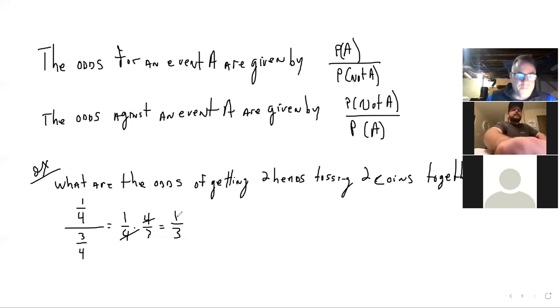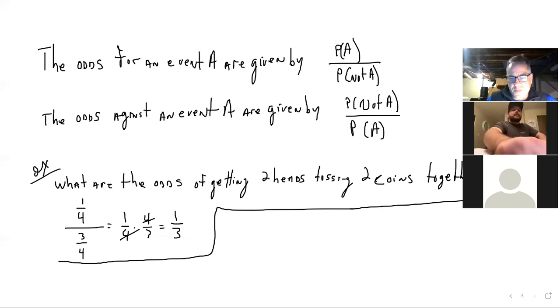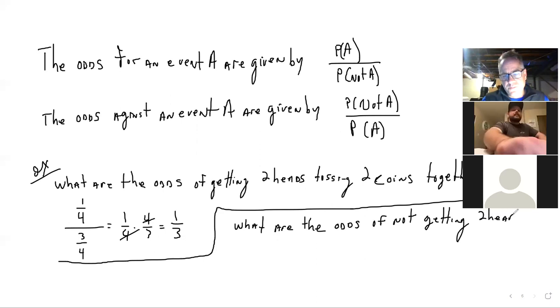That's your odds. Now, again, if you follow sports and ask what is the betting line of a team winning the Super Bowl or something, it's almost always the odds against. So notice this is just a flip of this one. So what are the odds of not getting 2 heads in this situation?